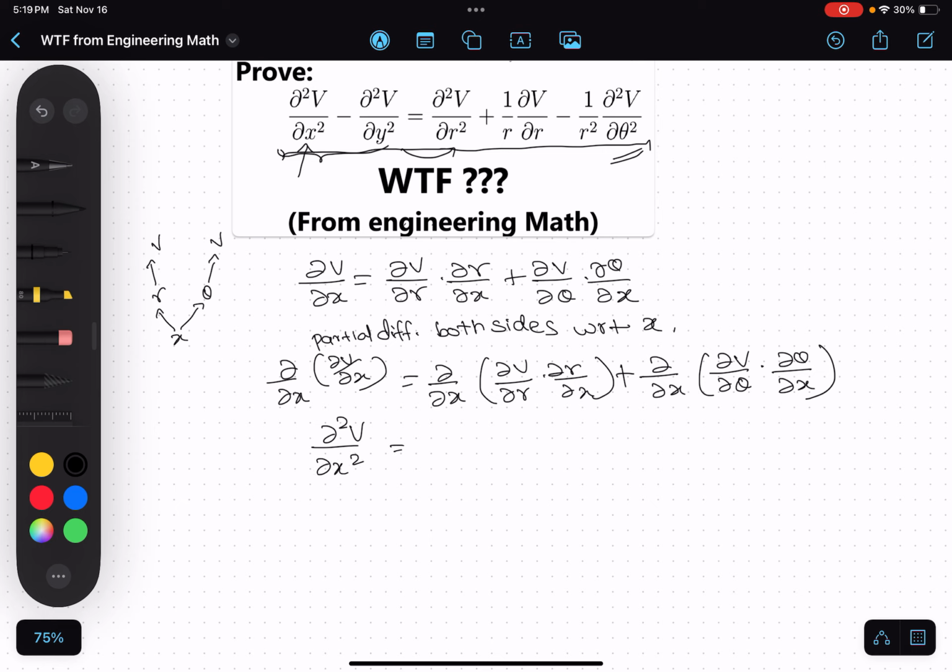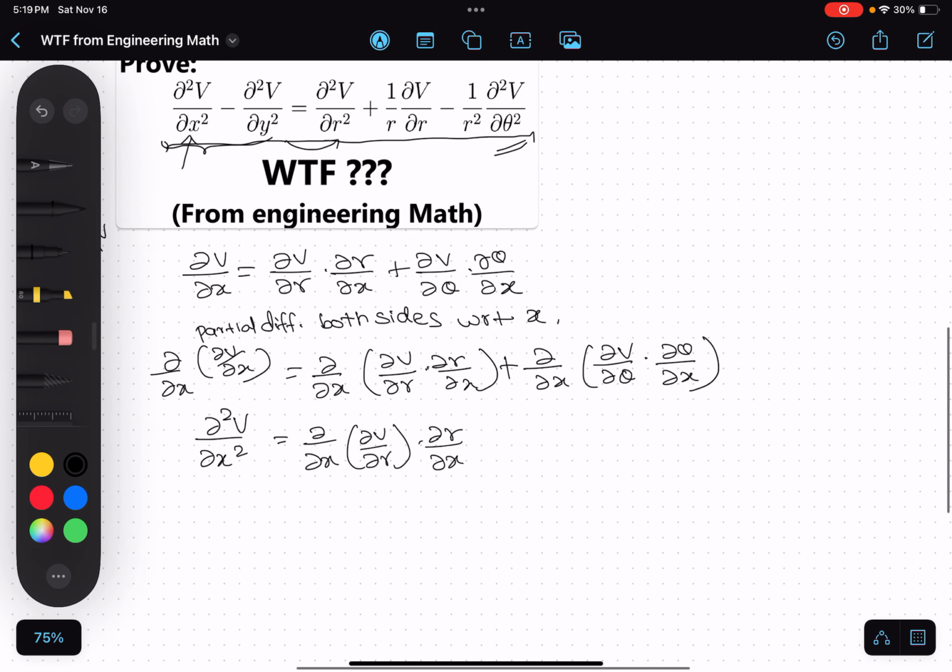Now over here, since there's a product, we need to use the product rule. If I use the product rule, I will get partial x of partial b by partial r, the derivative of the first thing, and the second thing will be untouched. Now the first thing will be untouched, and the derivative of the second thing.